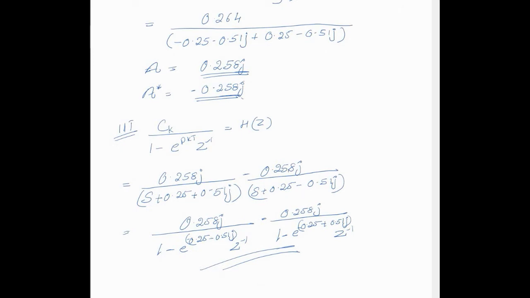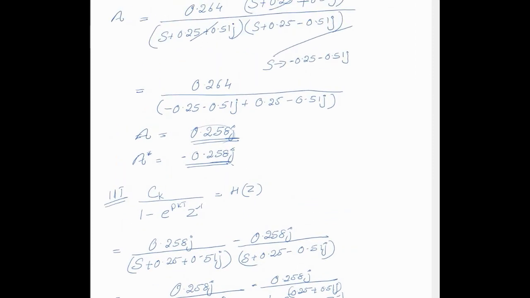Then you have to convert it into impulse invariant transformation. So the equation for impulse invariant transformation is Ck, the constant term that you got, divided by 1 minus e raised to pk T inverse. Pk means it is s minus of the minus term. So to find pk, s minus of the other term, you will get that pk.